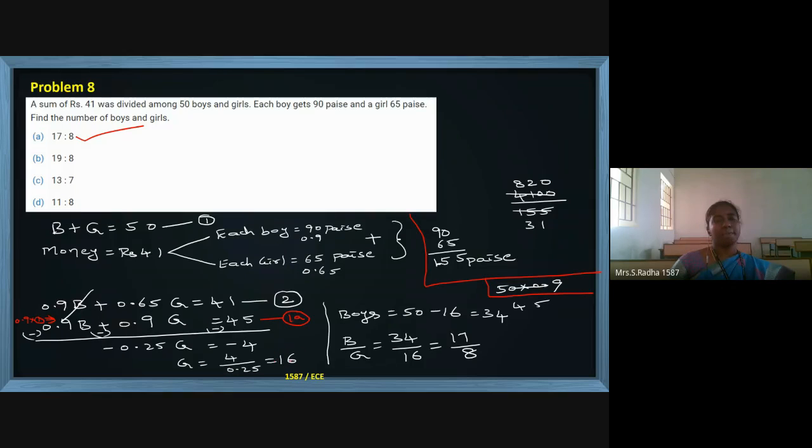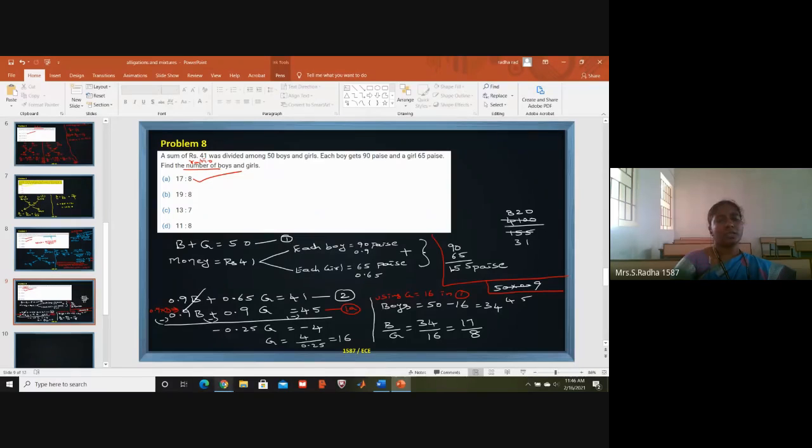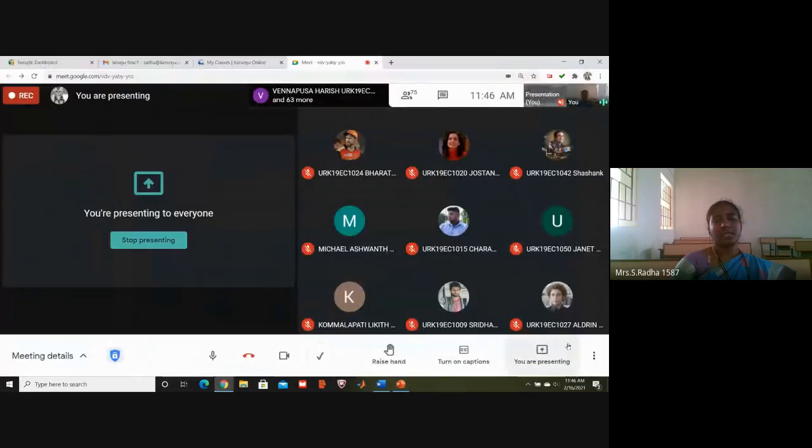Substituting G equal to 16 in equation 1, I am getting 34 boys. They are asking for the number of boys and girls, but in the options the ratio is given, and the ratio of boys and girls is 17 by 8. Okay, so we will stop here. I think I have come to the end.